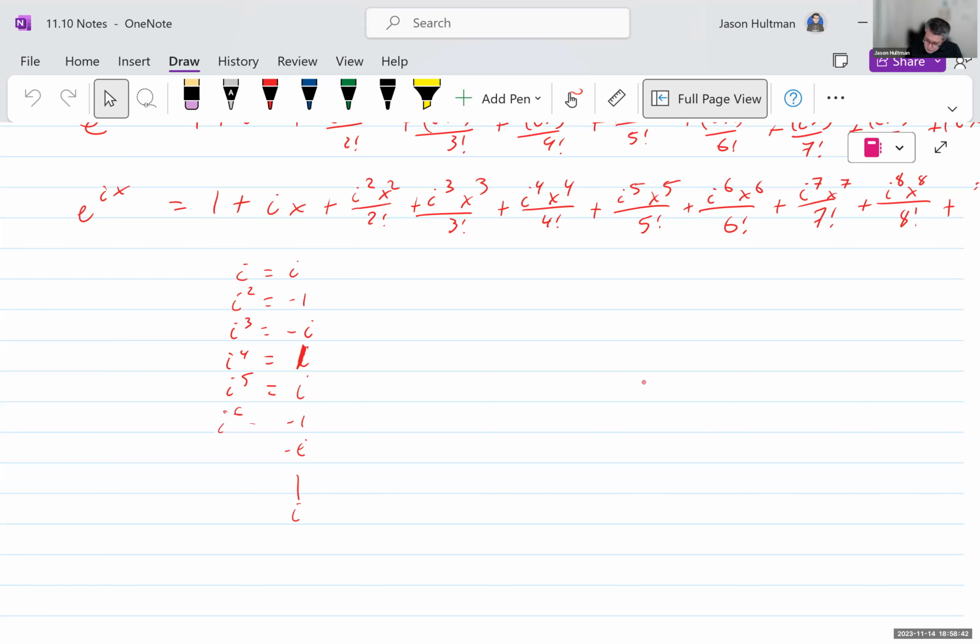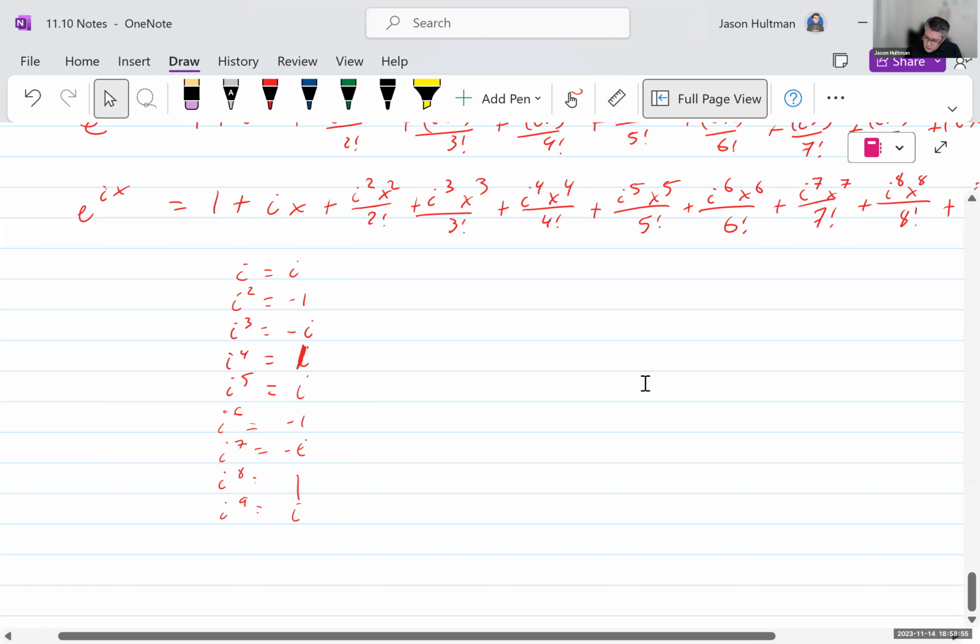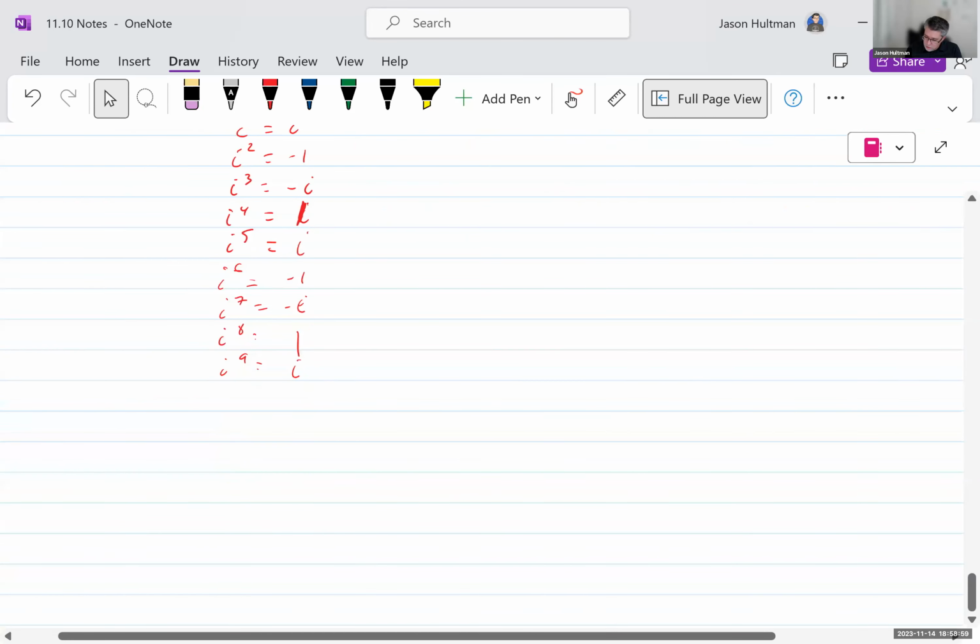Okay, i to the 6th, i to the 7th, i to the 8th, i to the 9th. So we plug this in, and the idea is that we can group these together so that e to the ix equals 1.